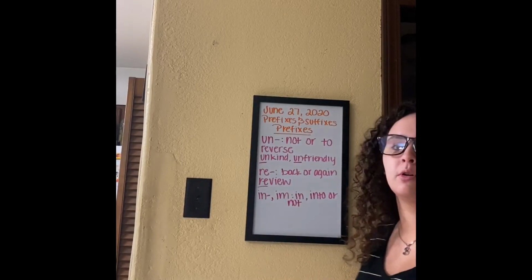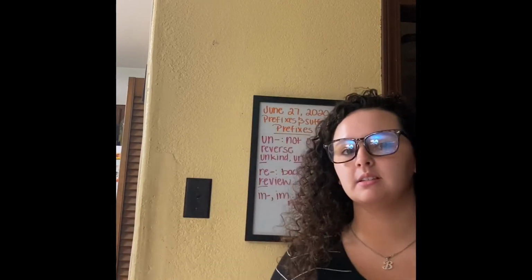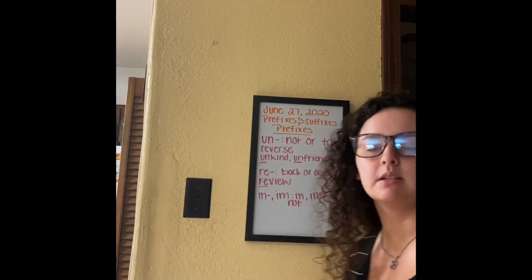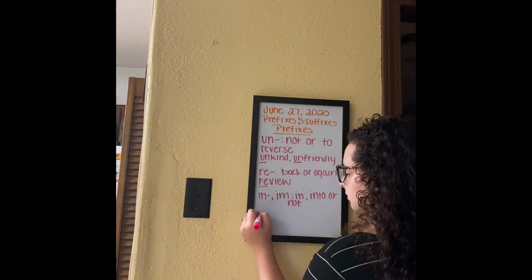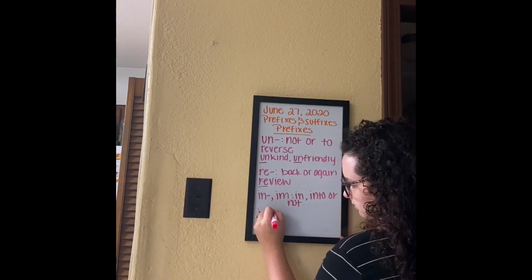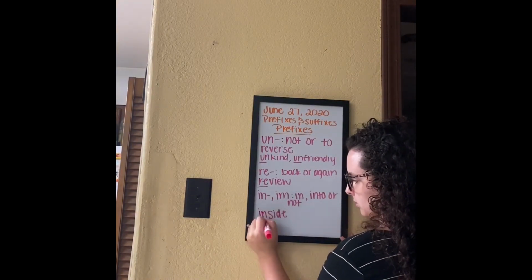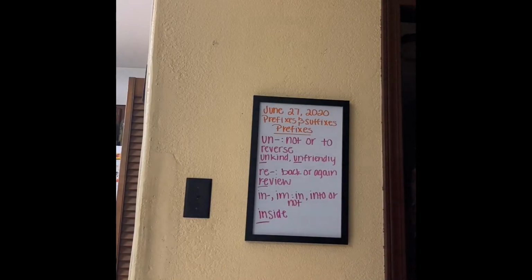And a good example is when we go to recess, we're outside, right? We're outside, we're playing, we're having fun on the swings. But right now we're inside, we're learning inside. So that's going to be the word we'll use for this one, is inside. Make sure you underline your prefix. Alright, I'm going to erase so I have some more room.